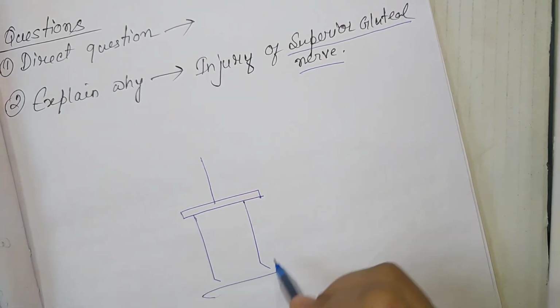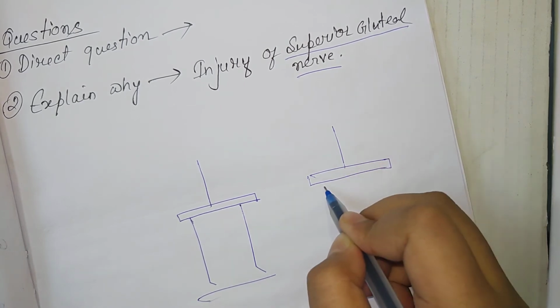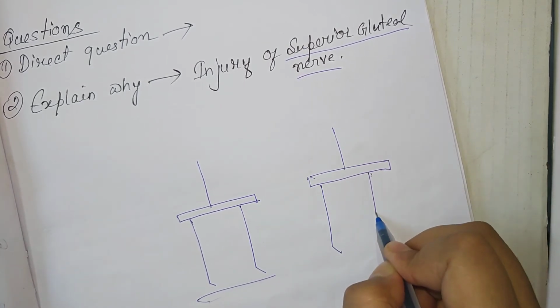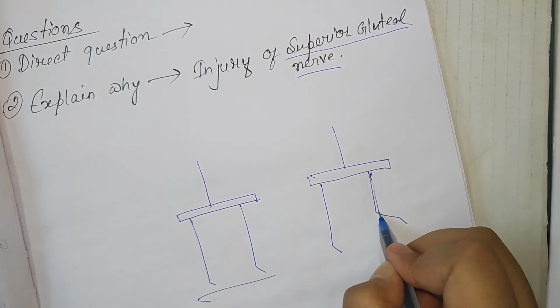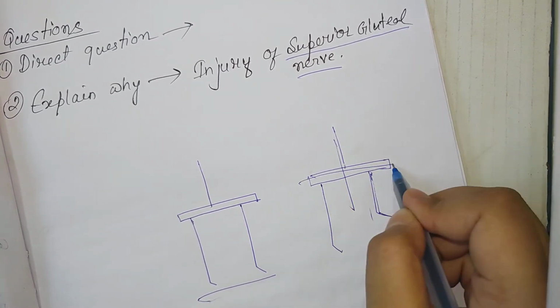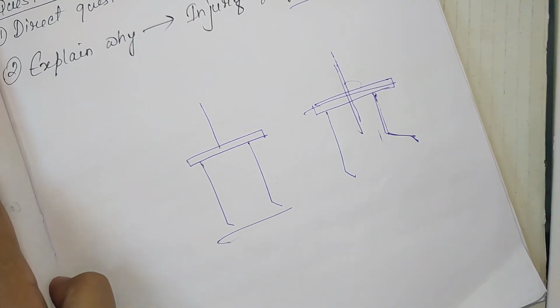The person is standing and Trendelenburg's negative. One of the limbs is now here uplifted. Okay, this limb is uplifted. Still it is symmetrical. It is perpendicular.